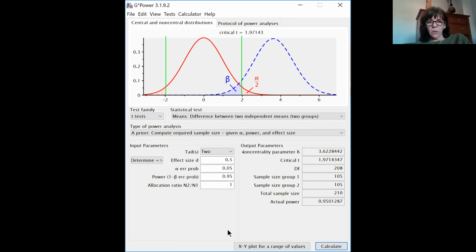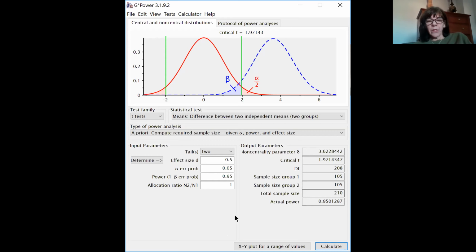The thing that we're most interested in here is the sample sizes. We've said 1-to-1, so the two sample sizes for each group are going to be the same, and the total sample size is 210. Now that's a lot of subjects.